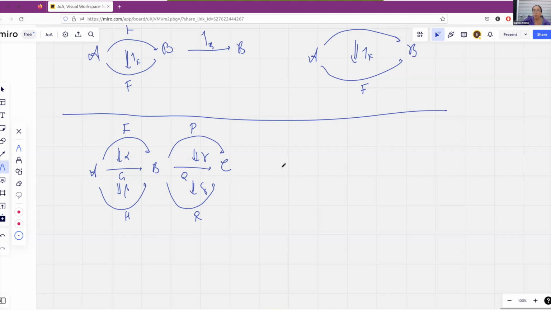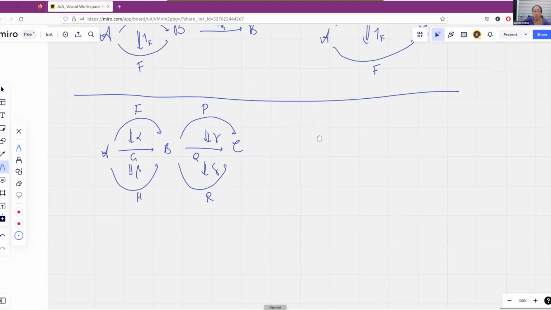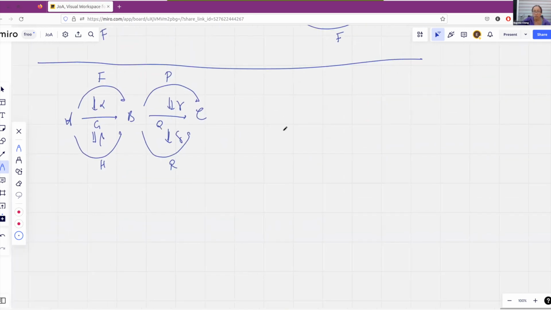We can either do the horizontal composition first and then the vertical, or the vertical composition first and then the horizontal. But the key is to remember how horizontal composition is defined. And so if we do it by whiskering like this, then that's going to tell us that if we do horizontal composition first, then we're going to do alpha whiskered with P, and then we're going to do G whiskered with gamma.